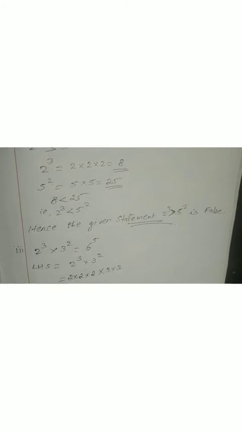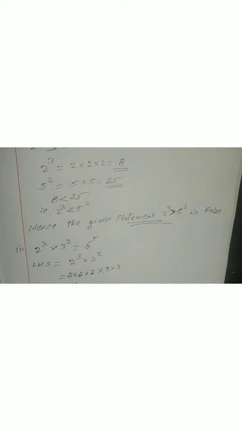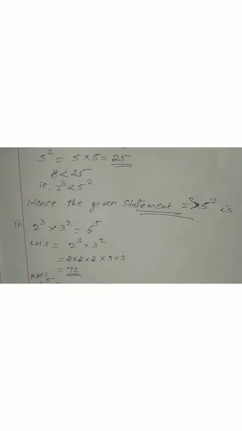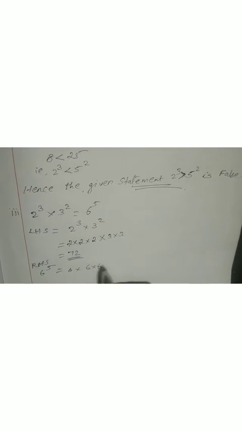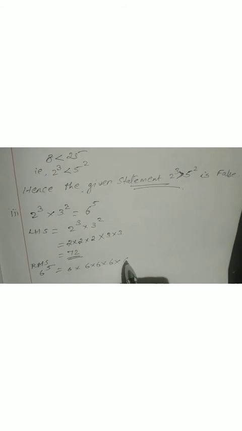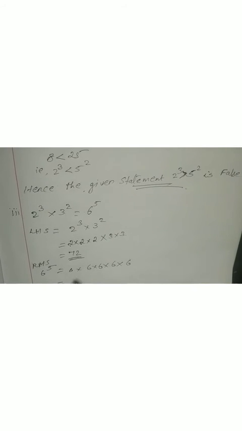Then 6 raised to 5 is the RHS. 6 raised to 5 is equal to 6 times 6 times 6, again 6, 5 times. So here we got 7776.